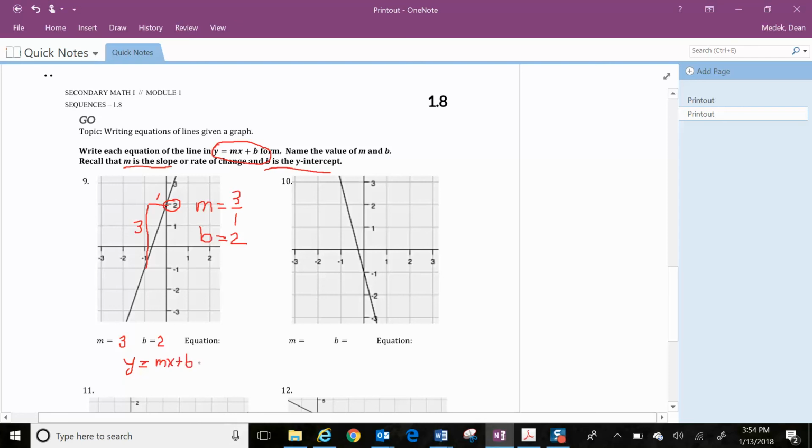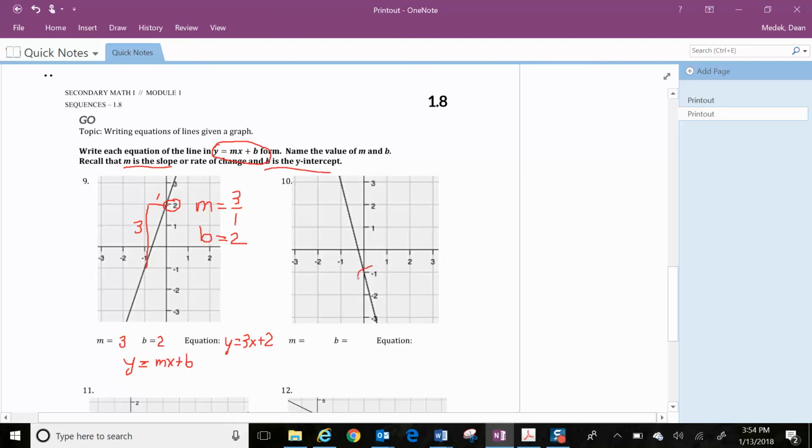Well, m is 3, so it's y equals 3x plus 2.